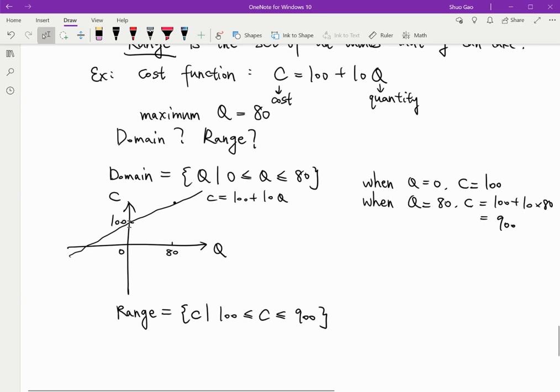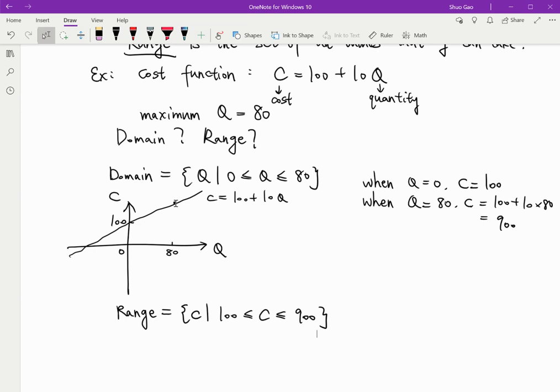We know that when Q increases, C also increases, so the minimum value of C should be when Q equals 0, the minimum, and the maximum value of C should be when Q equals the maximum.